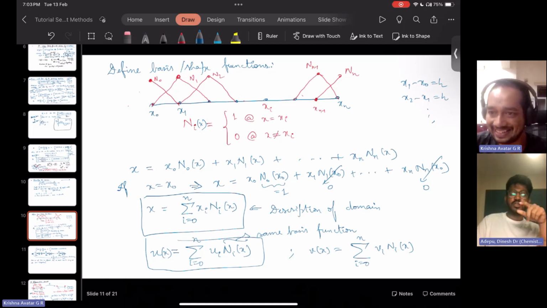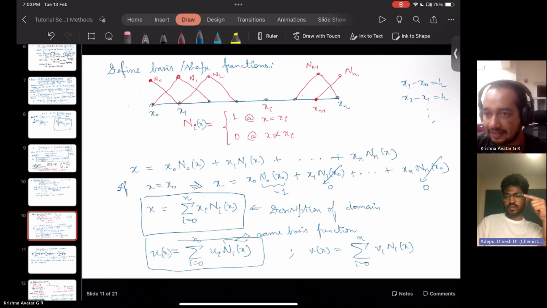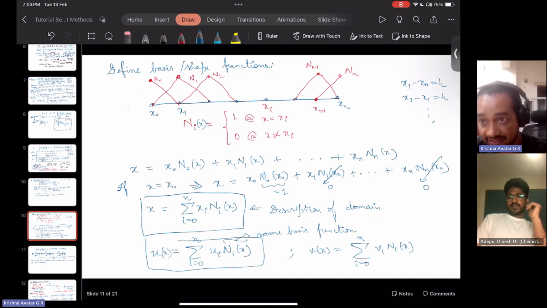Now, when we go to coding, I saw some different things being defined. Right now we are starting as if they are different. In general, only in the Galerkin method are the shape functions the same as the test functions.